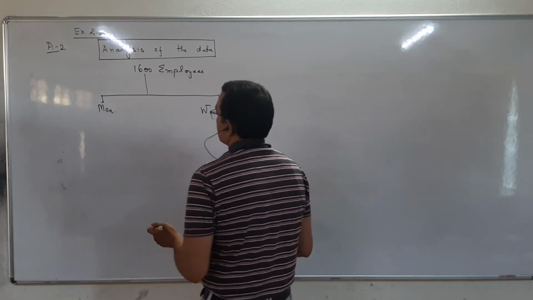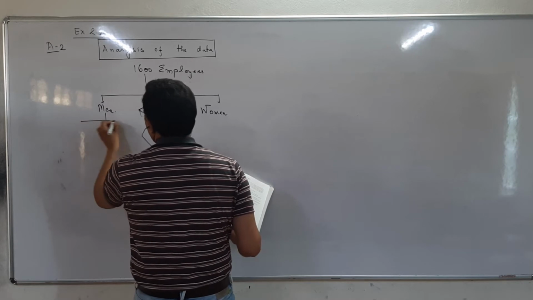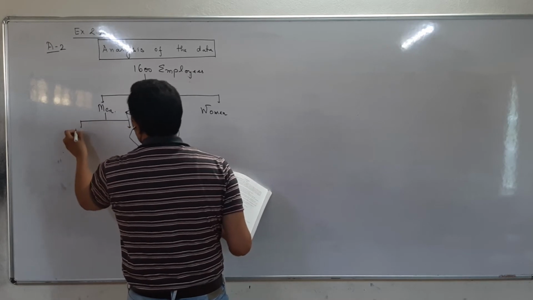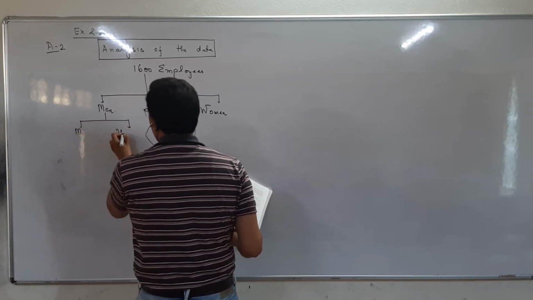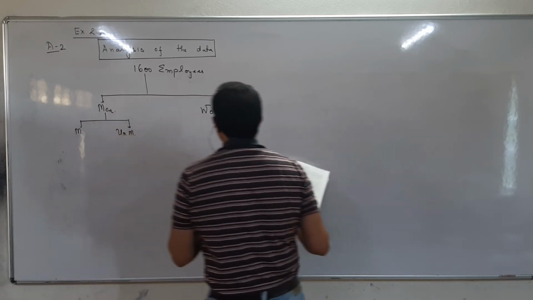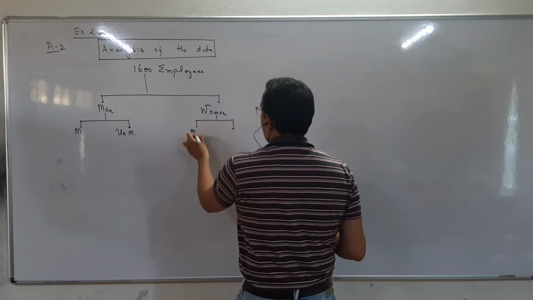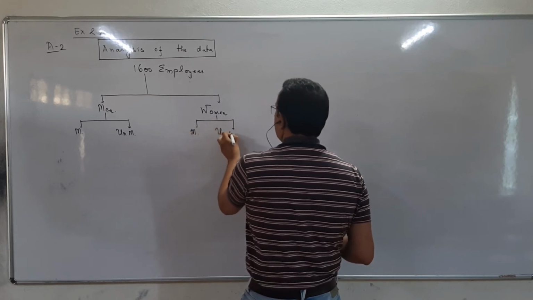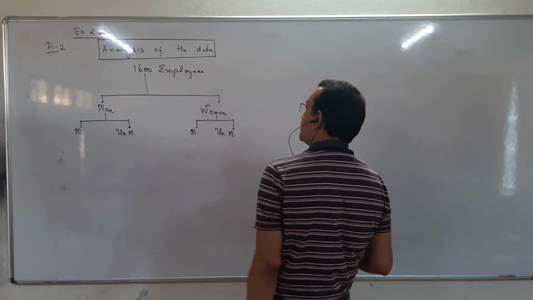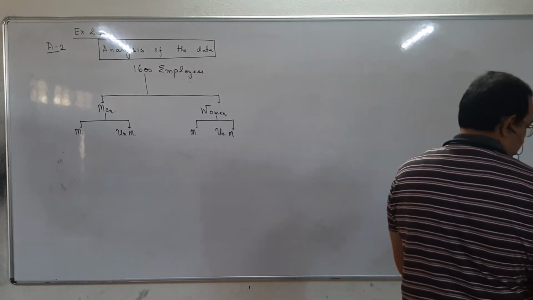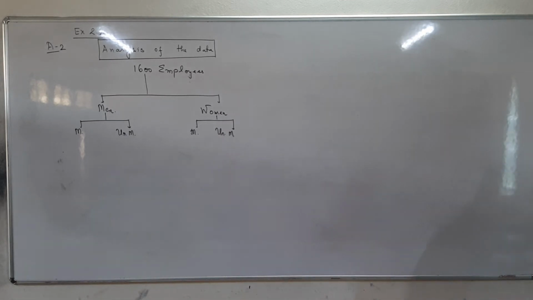So men, we divide this into married and unmarried. Women, we divide it into 2. Married and unmarried, and you can write men, women. Same thing, is not at all difficult.